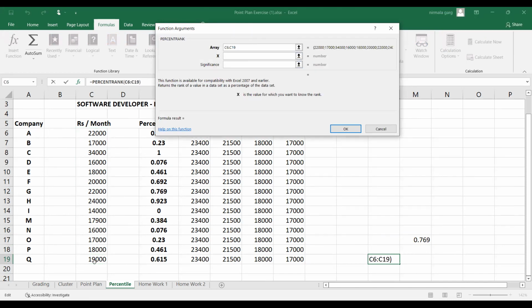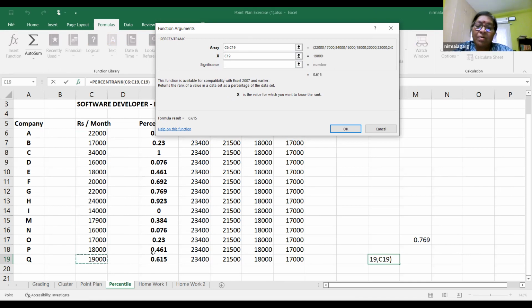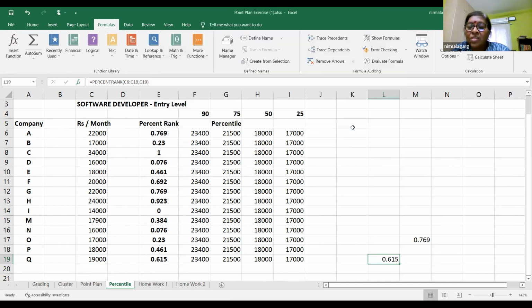Now I'm taking this one. Then say okay. How much percentile? 0.615. So that means 61%. So I've already done the calculation here. The highest is 1, which is the 100th percentile, and the lowest is 0, which is 14,000.